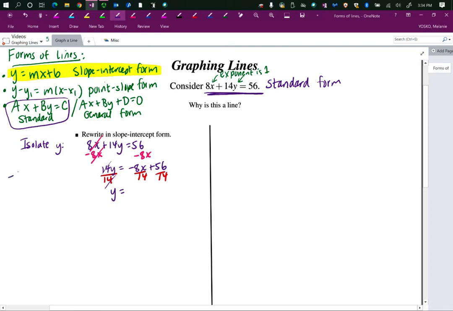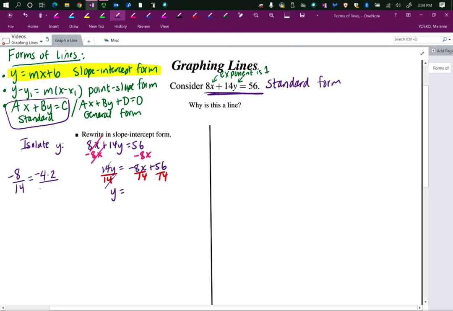So let's consider this over here a little bit. We have negative 8 over 14. Well, we see 14 is not a multiple of 8, so we can't just simplify it that way. But let's look at factors of this. Both 8 and 14 are even, so probably they have a factor of 2. Let's try it. We see that 4 times 2 is 8, so negative 4 times 2 is negative 8.